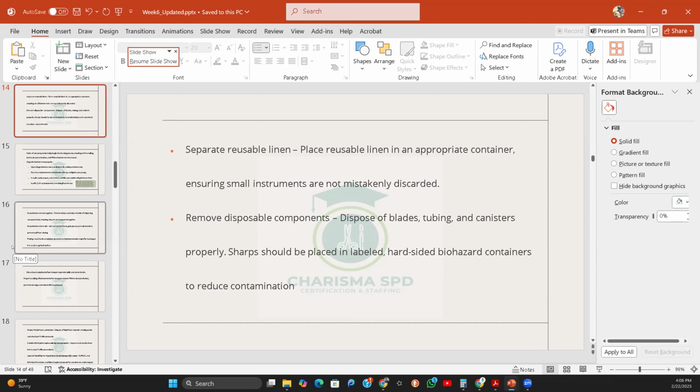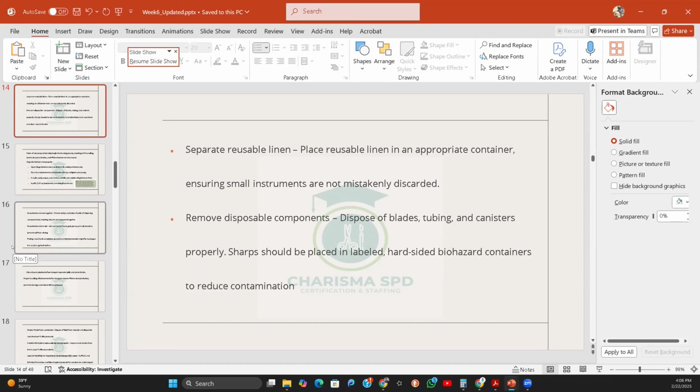But in separating linen from instruments, you have to make sure that the instruments that are so tiny and could get stuck in the linen are taken out before they go through the linen reprocessing.